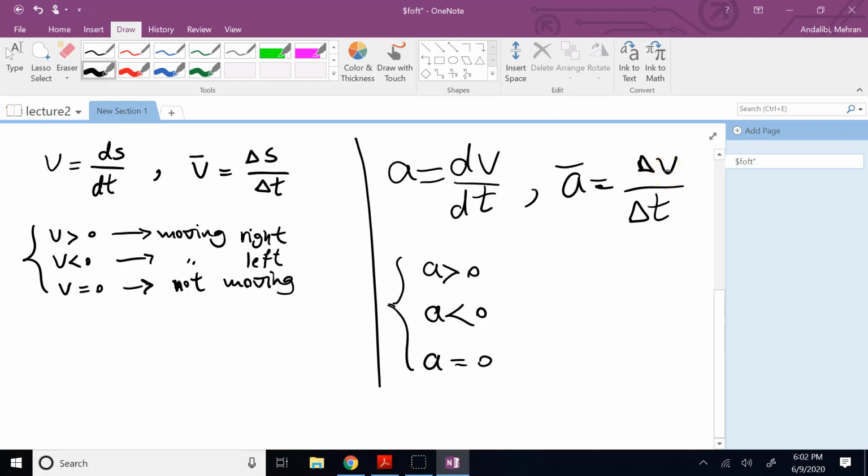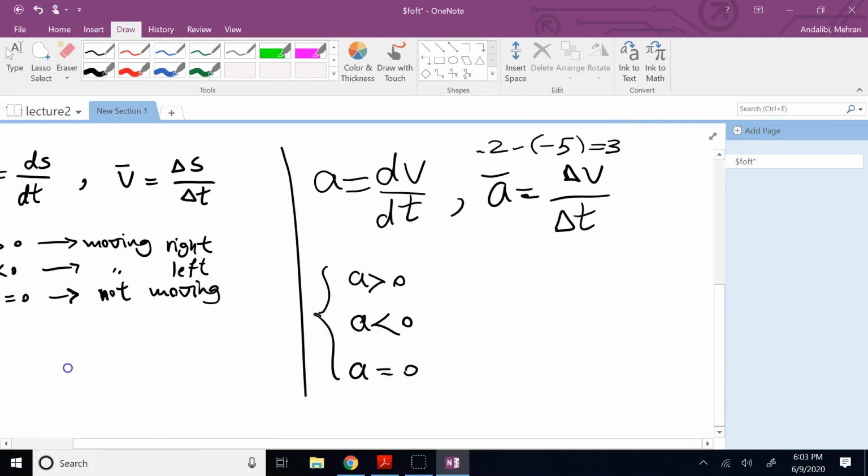So when you go backward, but slowing down, the delta v is still positive, right? Because you are subtracting what from what? The new velocity, which is negative 2, minus the old velocity, which is negative 5. So you end up with positive 3, right? So it is still positive acceleration.